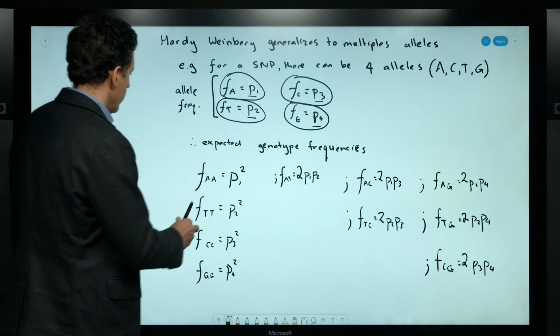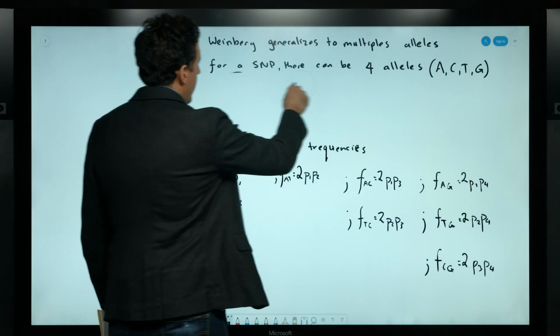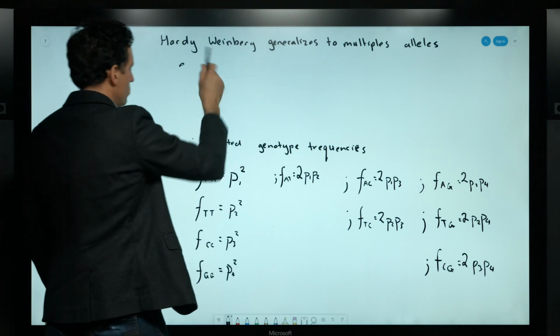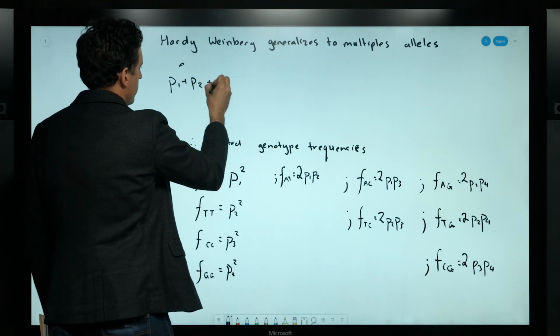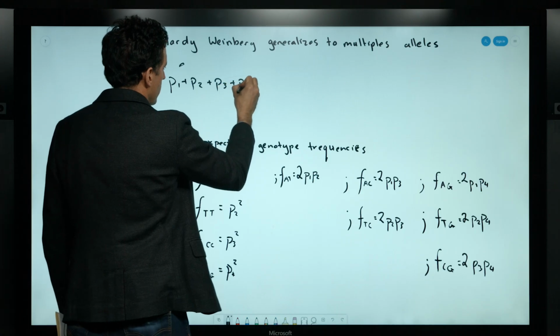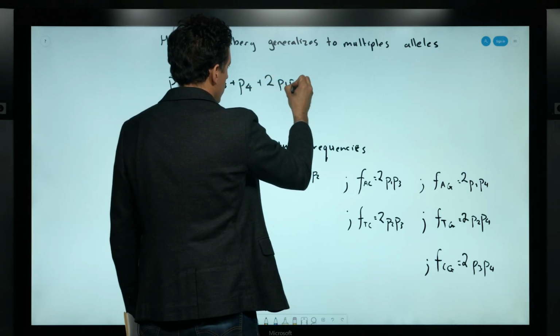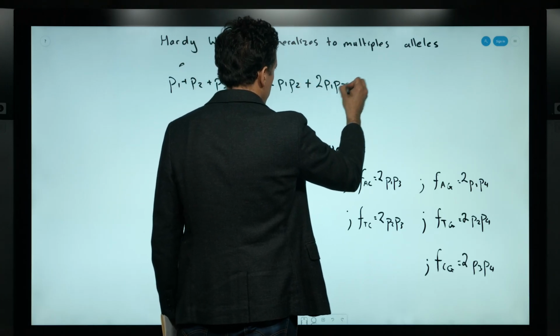So let's do that now. I'll get rid of these allele frequencies here. And if we add all possible genotypes up, which is P1 squared plus P2 squared plus P3 squared plus P4 squared plus 2P1P2 plus 2P1P3 and so on.